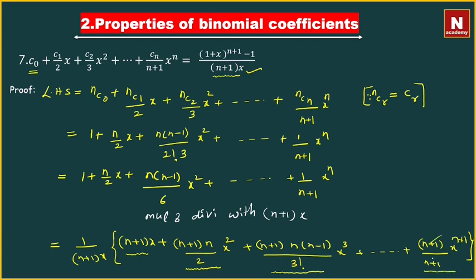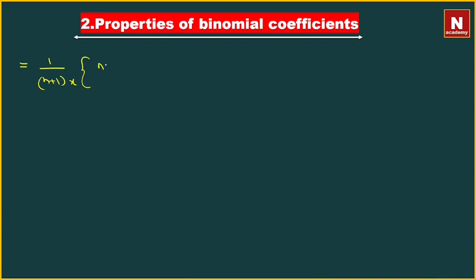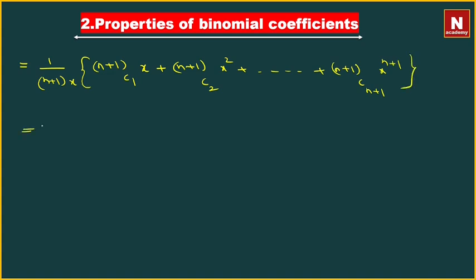Here n plus 1 gets cancelled. First term n plus 1 C1 x. Second term n plus 1 C2 x square and so on. n plus 1 C n plus 1 x power n plus 1. Now in this bracket add n plus 1 C0 and subtract n plus 1 C0.